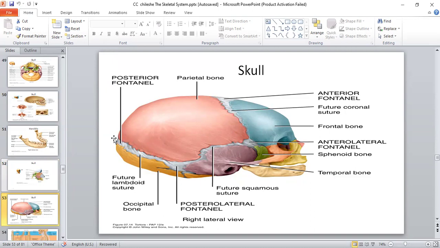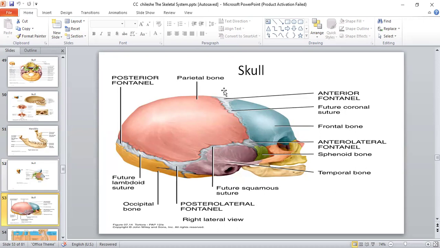Those are areas that are bigger than the actual sutures. These are areas where you can actually see the pulsating of the blood vessels under the skull of the baby. And that is a normal thing for a baby.